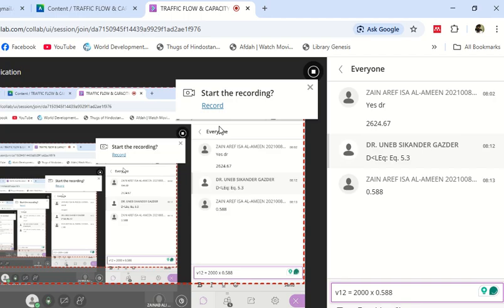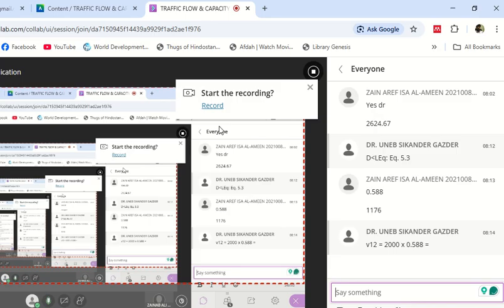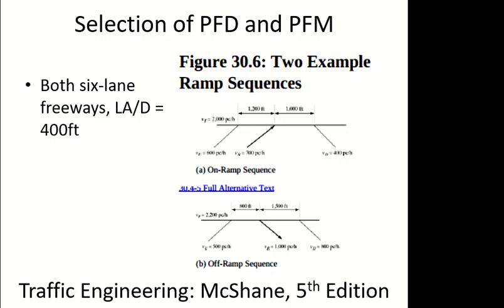Okay, so this will give you the flow in the first two lanes. How much is that? Okay, so this is how this is done.